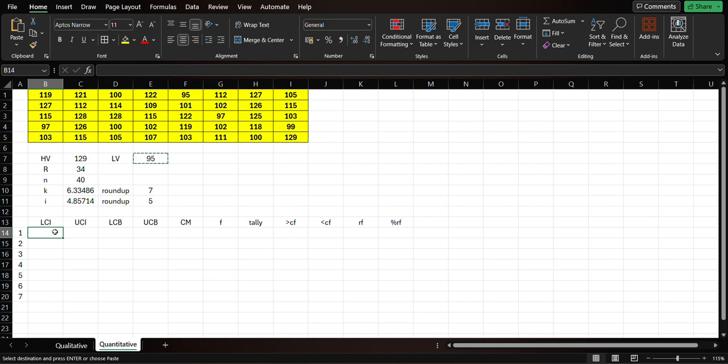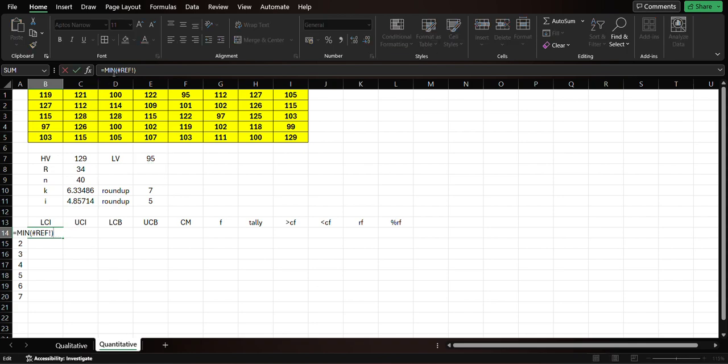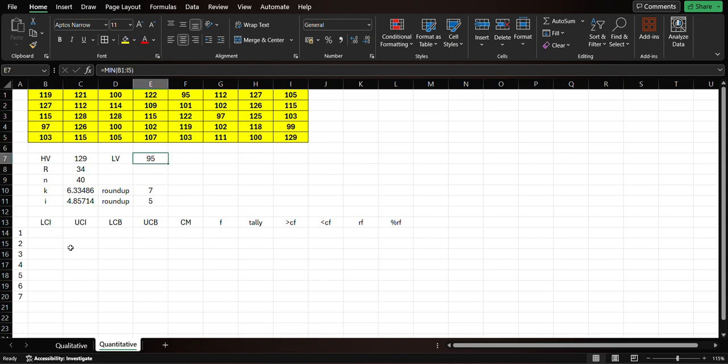And again, how are we going to copy this 95? Please do remember that if we copy and paste in Excel, what we're copying is the formula. As you can see, what I did, Control C, Control V, and you would observe here that the formula was copied, the minimum.